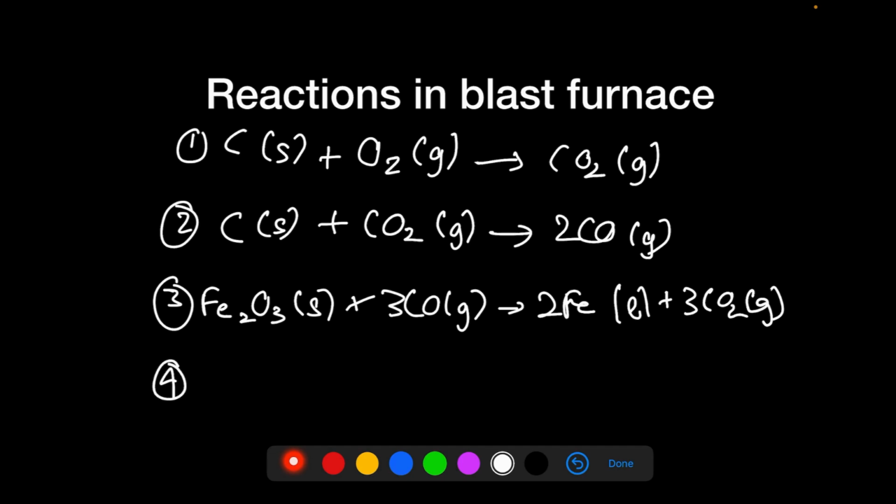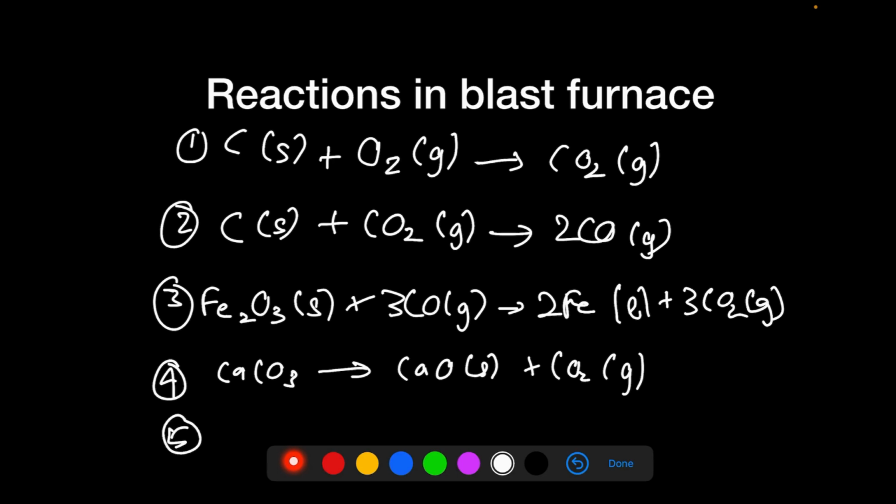The fourth reaction is the decomposition of CaCO3 to form CaO and CO2. So CaCO3 decomposes to CaO, a solid, and CO2, a gas.